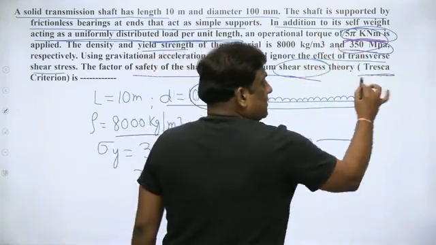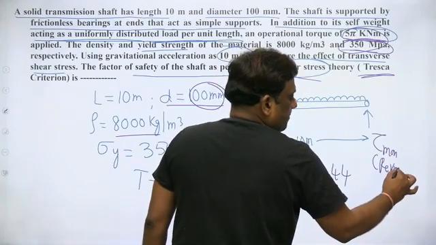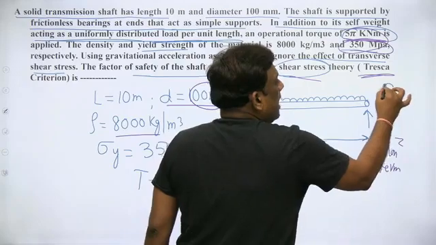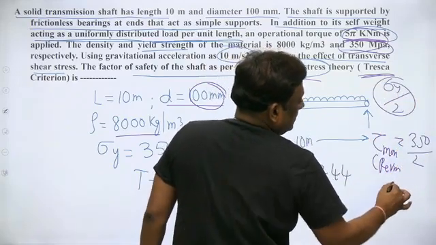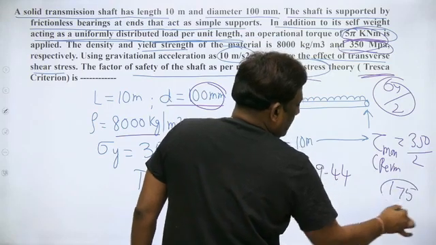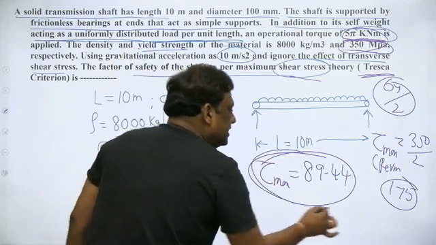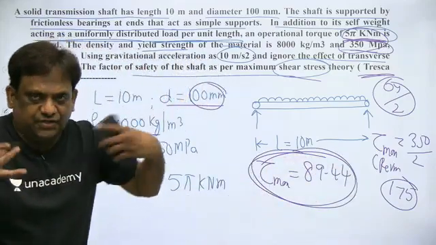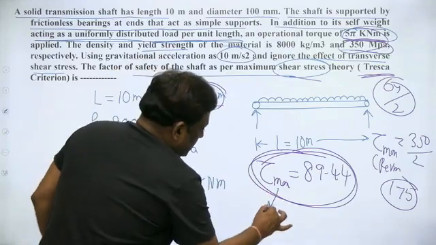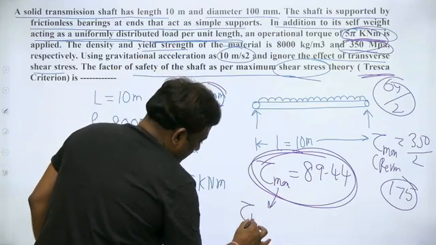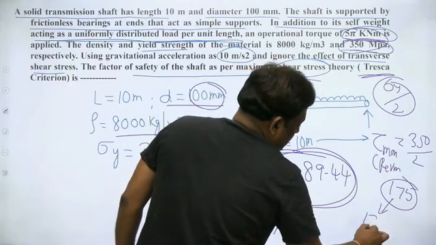So according to Tresca theory, the maximum shear permissible is sigma yield by 2. What is sigma yield? 350 by 2. This will be 175. Now this is the actual working stress. We have calculated this 89.44 from the actual loaded member. So this is the maximum working stress in the material, and the maximum permissible is 175.